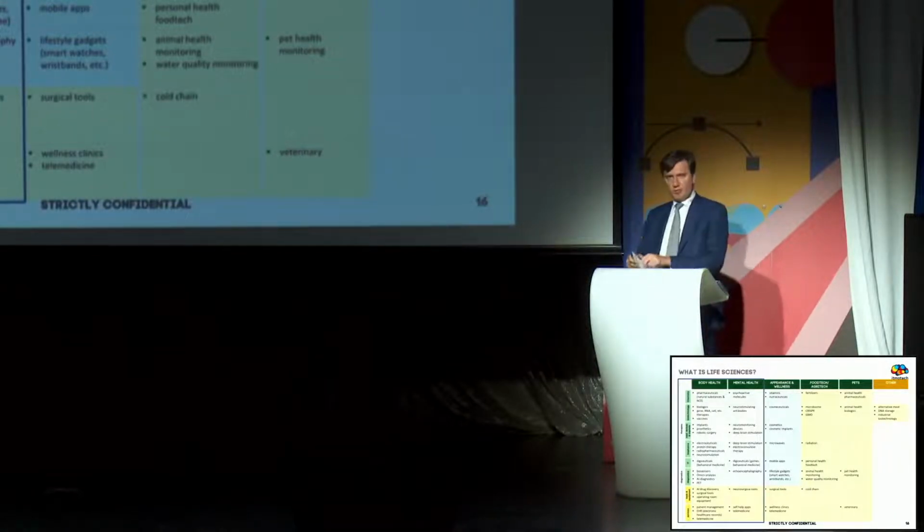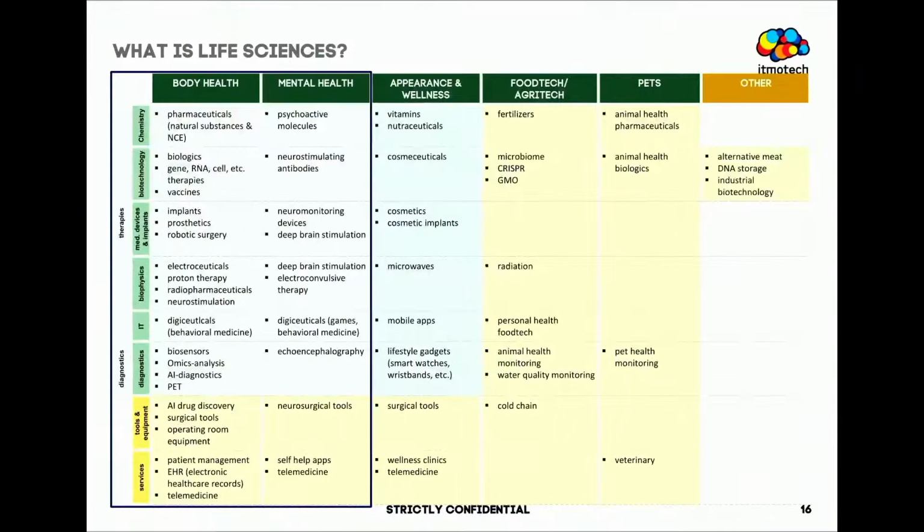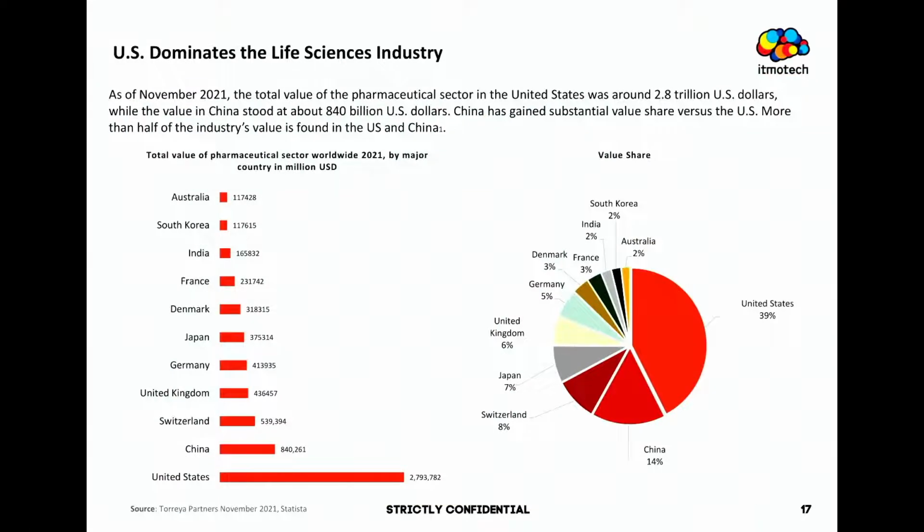So hopefully you remember this slide and use it whenever you have to systematically cover the potential ways you can tackle disease, how you can diagnose it, or which tools you may have at the lab to discover drugs and develop drugs.